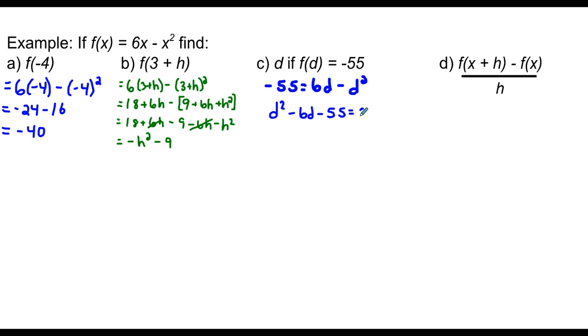Then I'm going to need to factor this side, so I'm looking for something that multiplies to negative 55 and adds to negative 6. So that's going to be d minus 11 and d plus 5.